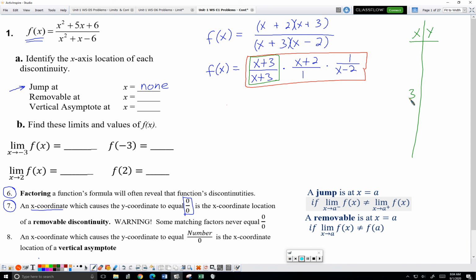This would become whatever, but this is the key element. This would become 0 over 0. And 0 here would make this entire numerator 0. 0 on the bottom would make the entire denominator 0. So the y-coordinate when x equals 3 would become 0 divided by 0.